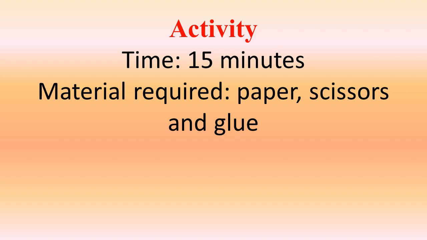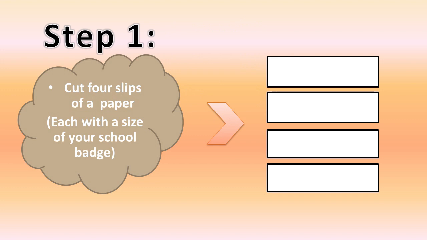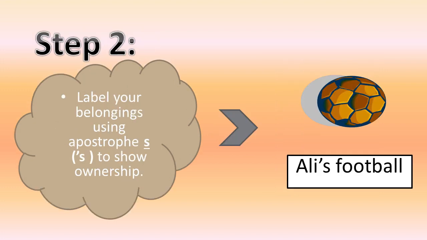Step 1. Cut 4 slips of paper, each the size of your school badge. Step 2. You have to look for the things that are your belongings, that is, they belong to you.